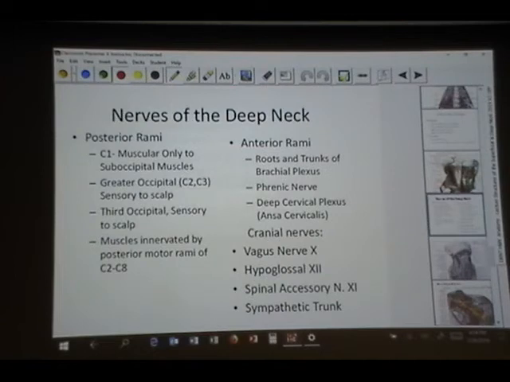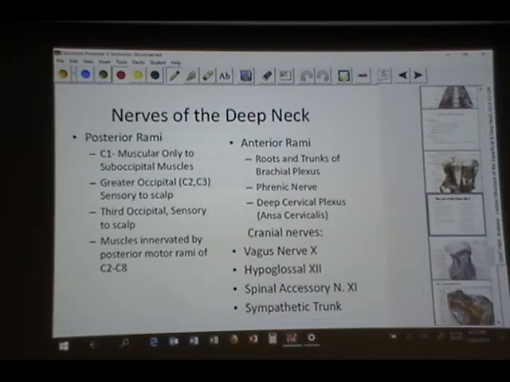All right, so now anterior nerve rami. The anterior nerve rami are roots, trunks of the brachial plexus. What also is coming off of similar trunks or similar rami is the phrenic nerve. And also we have the ansa cervicalis formation that has a relationship to these deep cervical spinal entities, okay?